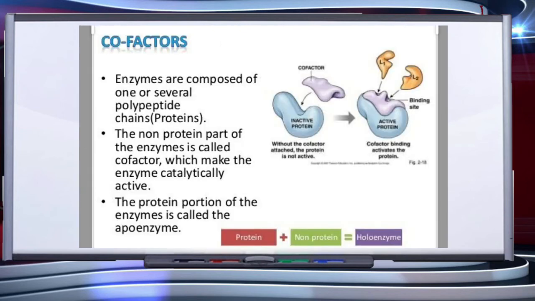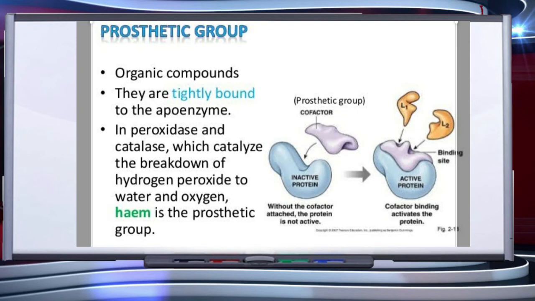Let's talk about the last topic of the chapter biomolecules, that is cofactors. Enzymes are composed of one or several polypeptide chains, that is proteins. The non-protein part of the enzymes is called a cofactor, which makes the enzyme catalytically active. The protein portion of the enzyme is called the apoenzyme. Cofactors can be divided into three categories, that is prosthetic groups, coenzymes and metal ions.